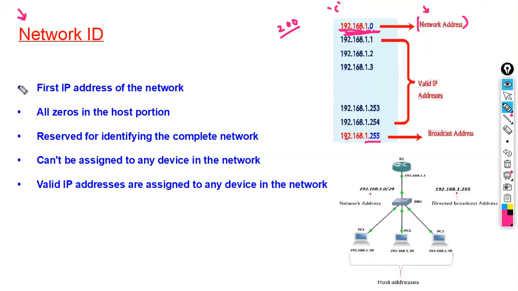Okay, and it is the first IP address of the network, and in the host portion you will have all zeros. So we have this host portion here, and it is having 0. And what is the purpose of this network ID? It is reserved for identifying the complete network. What is the meaning of identifying the complete network?